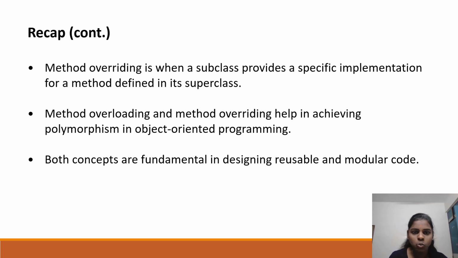Method overriding is when a subclass provides a specific implementation for a method defined in its superclass. Method overloading and method overriding help in achieving polymorphism in object-oriented programming. Both concepts are fundamental in designing reusable and modular code.